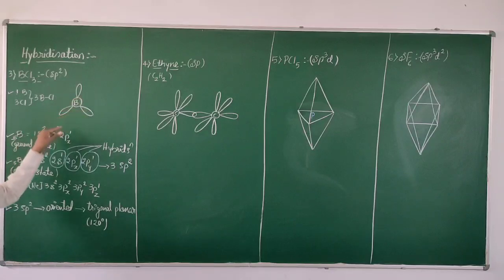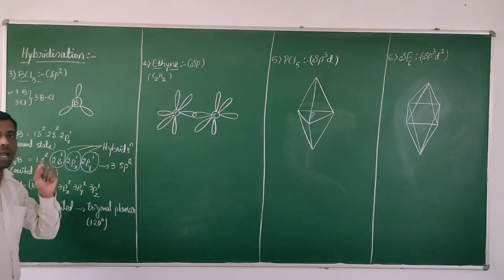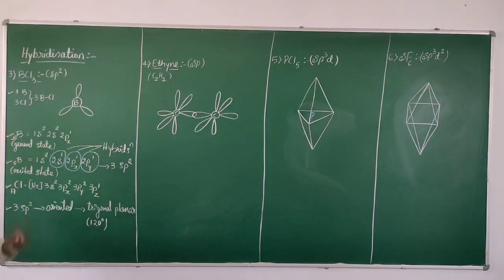What are these three? These are the 3 sp2 hybrid orbitals of boron.